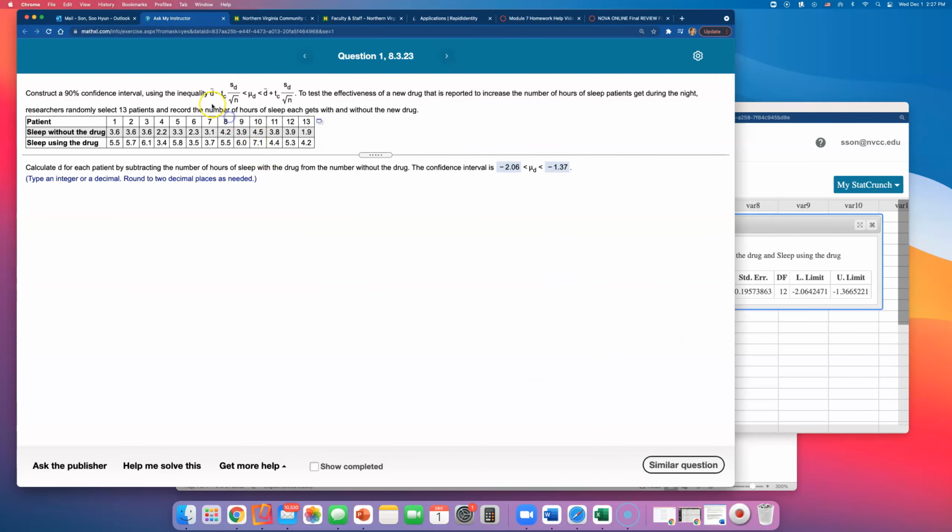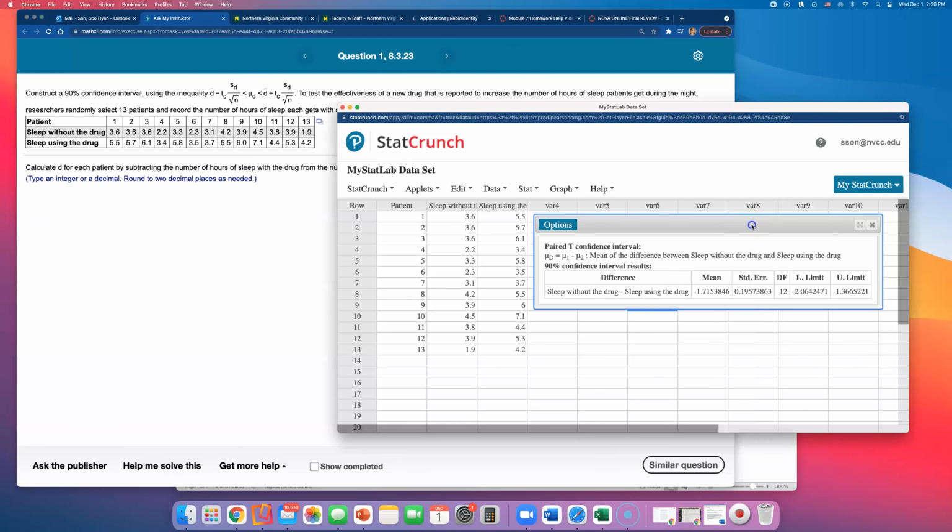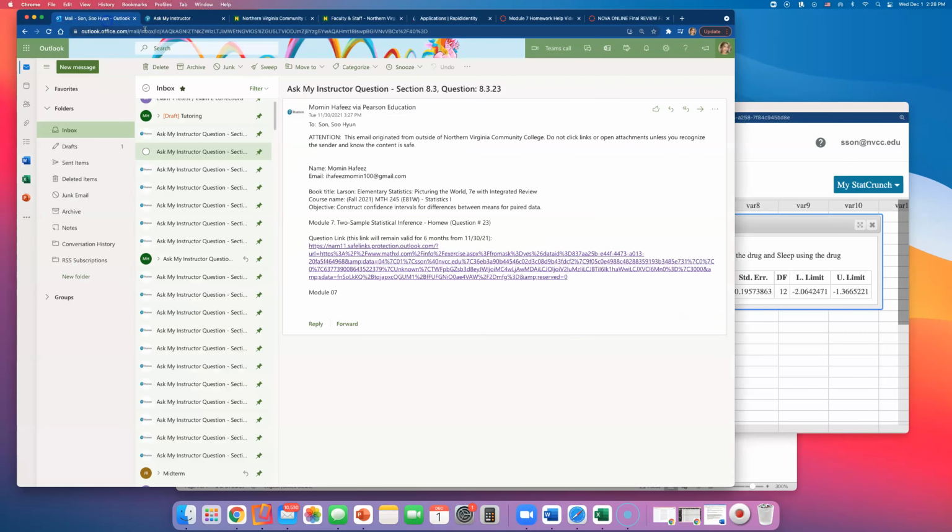Or you can definitely try to use this formula, find the average of their differences, find the critical value t, divide the sample standard deviation by the square root of the sample size. You can definitely use this formula, but since you guys are working on your homework and on your quiz this week, I just wanted to show you that you can easily find these using statistical software, okay? So that was it for number 23 on Module 7 homework.